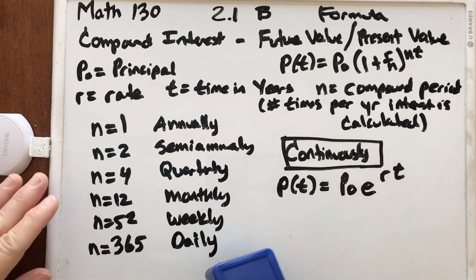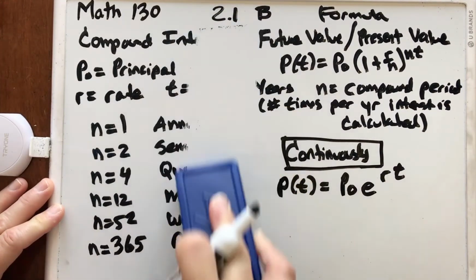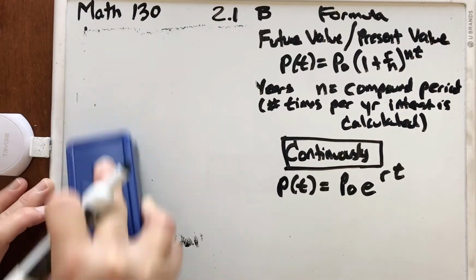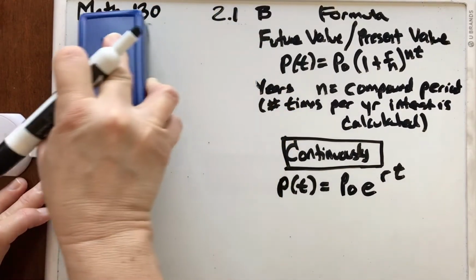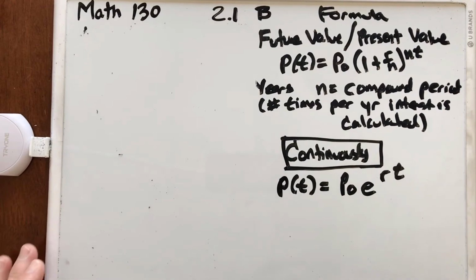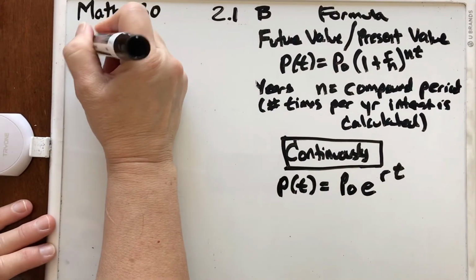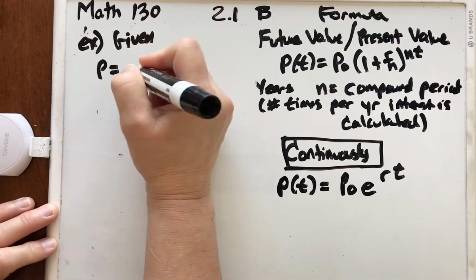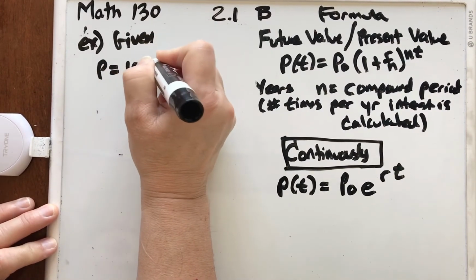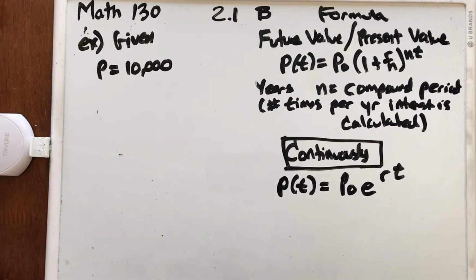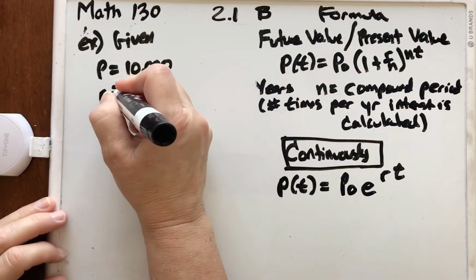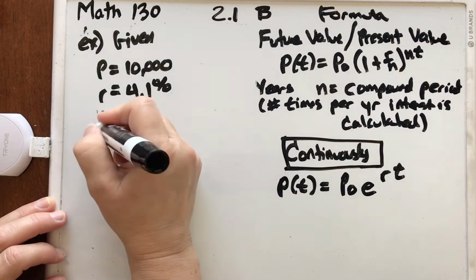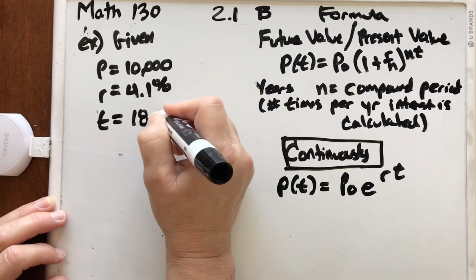All right, so we're going to give an example of a problem that is continuously. Okay, so here, given P is $10,000, R is 4.1%, and T equals 18 months.